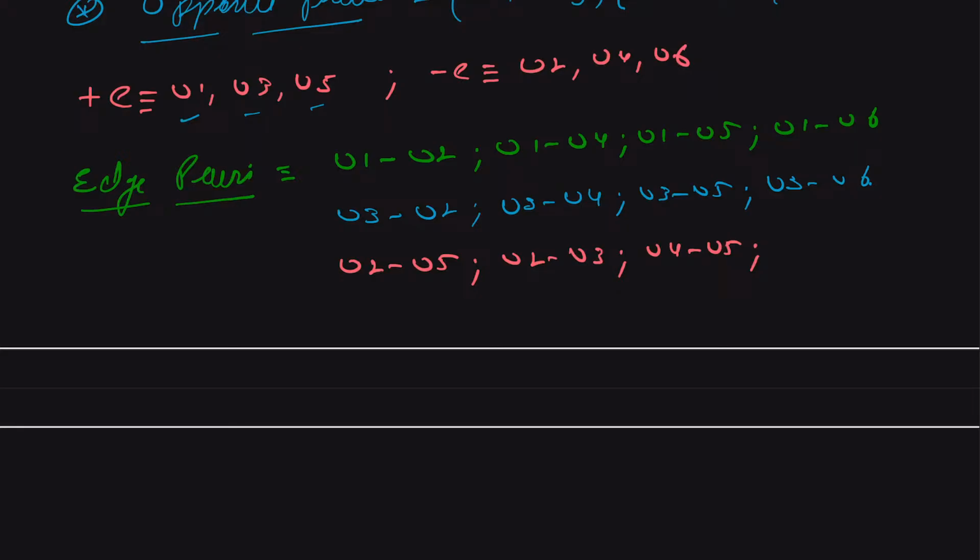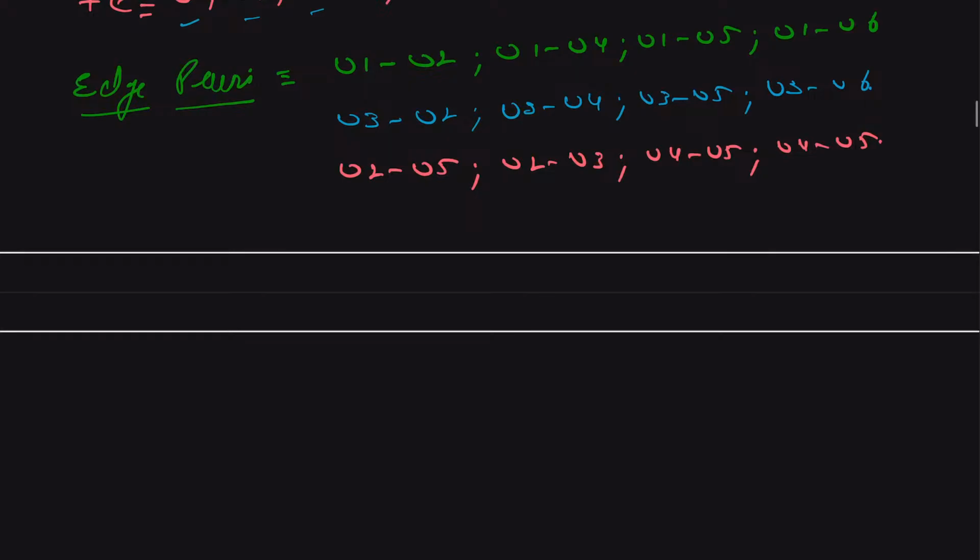V1V2, V1V4, V1V5, V3V2, V3V6, V2V5, V2V3, and V4V5. Okay, V4 and V5 should be missing. We can check later, it's not a big problem.